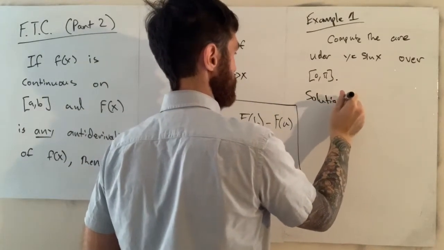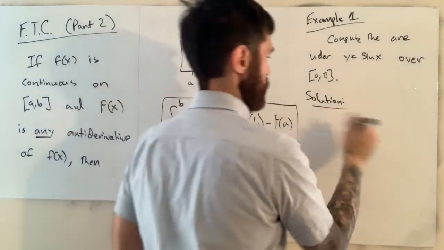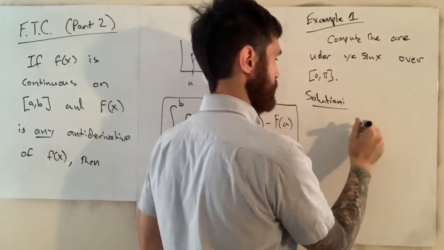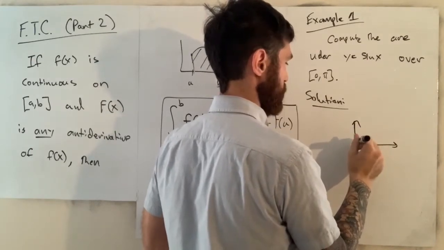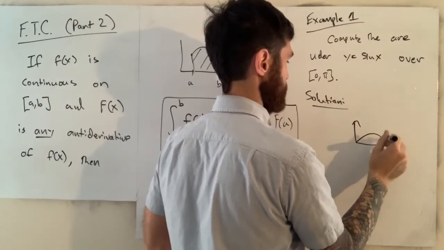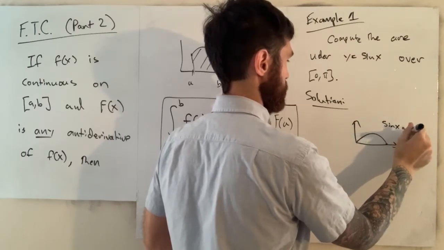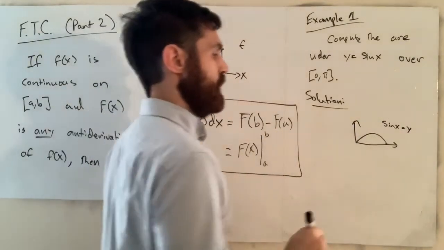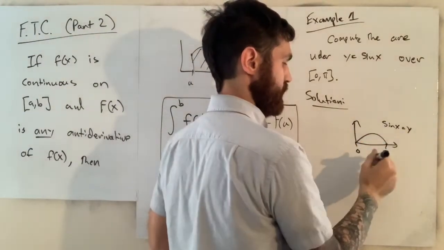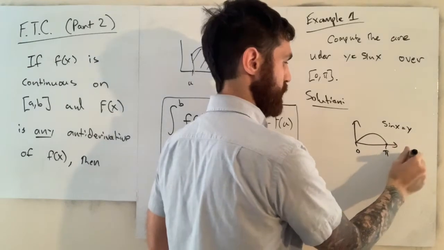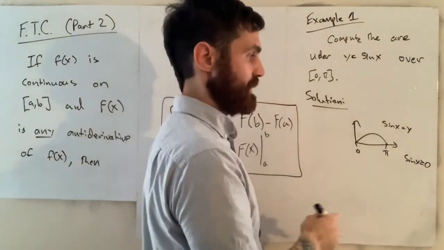And we're going to use the fundamental theorem of calculus. So what we do is we first draw our picture and we look at sine. It's going to look like this. And we notice that from 0 to pi, this thing is always going to be non-negative. So it's always going to be above the x-axis.